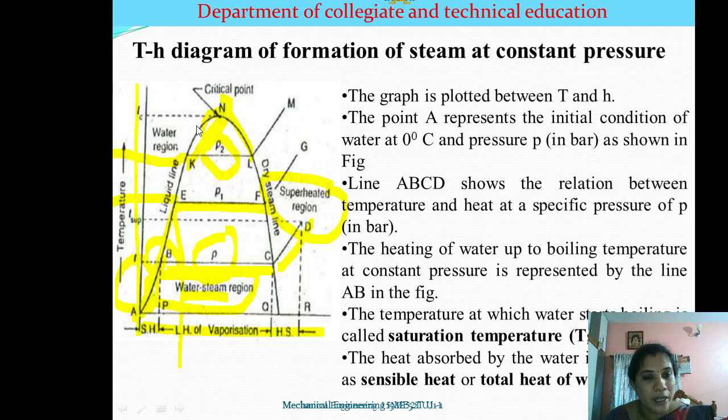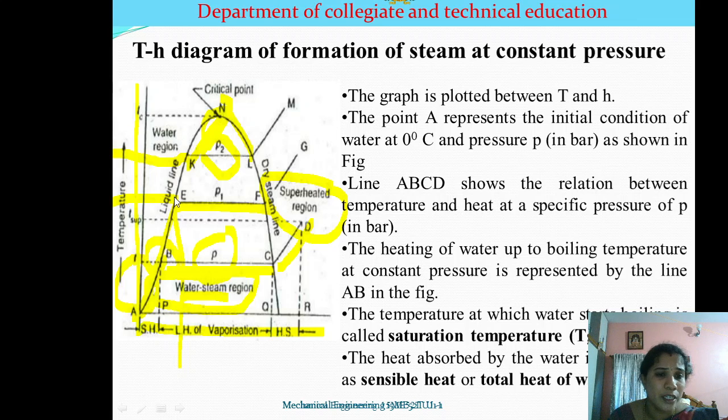If we keep on increasing the pressure, it will reach a point where the latent heat of vaporization will become 0. That point, where the liquid line and the dry steam line meet, is called the critical point.